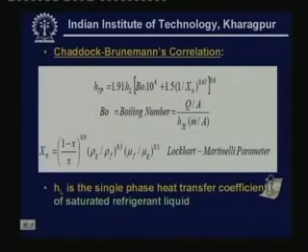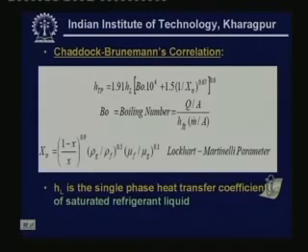There is another correlation called Chaddock and Brunemann's correlation. Again you can see the correlation here. HTP is the flow boiling coefficient. HL is the single phase heat transfer coefficient of saturated refrigerant liquid. BO is the boiling number, given by Q by A divided by HFG into m dot by A, where Q by A is the heat flux, HFG is the latent heat of vaporization, and m dot by A is the mass flux.